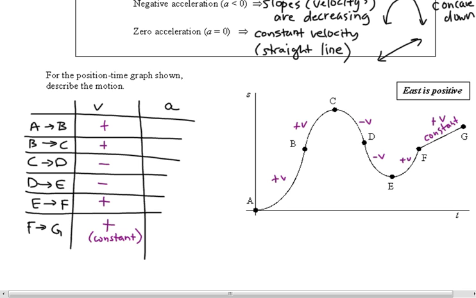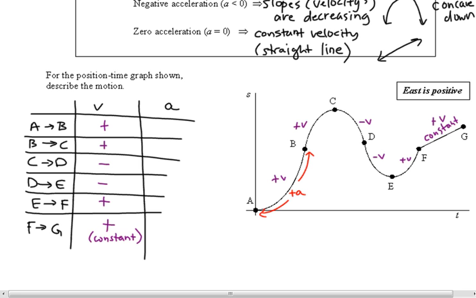Now, on a position time graph, to get our acceleration, this is where we use concave up, concave down. Is it part of a smiley face or is it part of a sad face? Let's look at A to B first. Is this part of a smiley face or a sad face? Part of smiley, so it is positive acceleration.